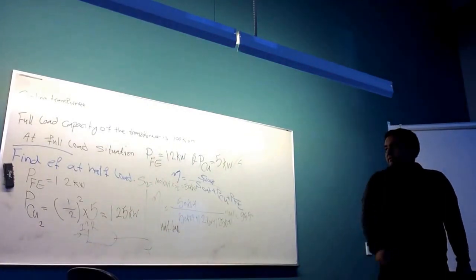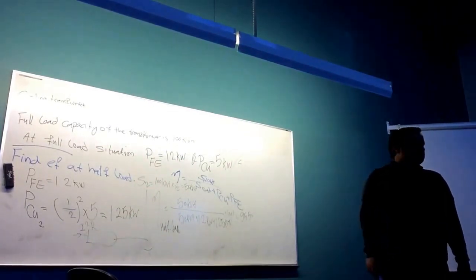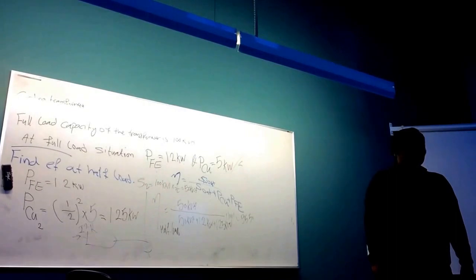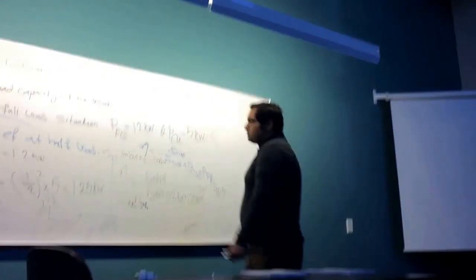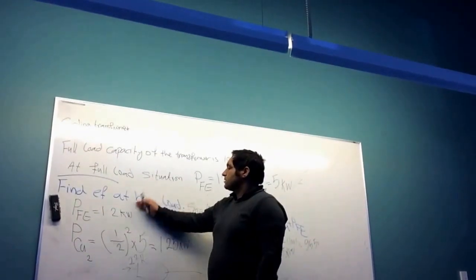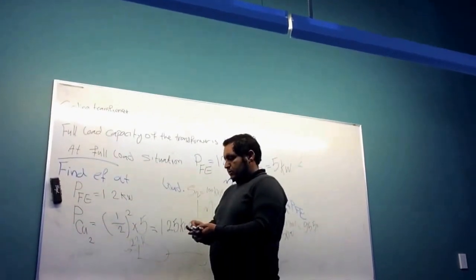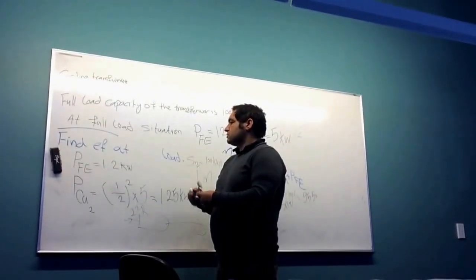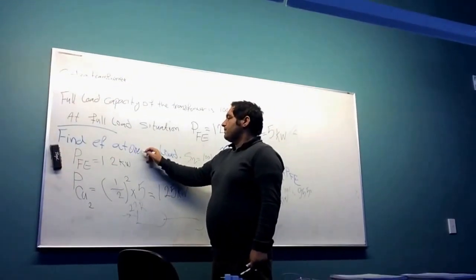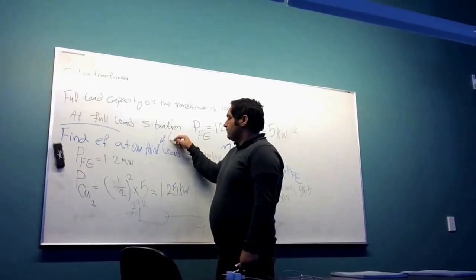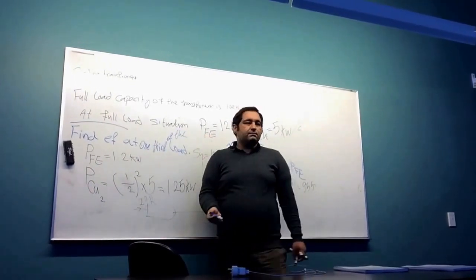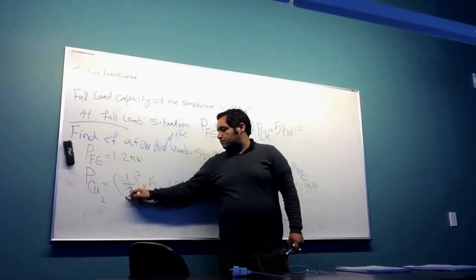Where do we get this half? Just from the question. Find at half level. The question tells you to do it this way. So instead of half, I make you guys do something else. Find at 1/3 of the load. 1/3 means that 1/3 squared.